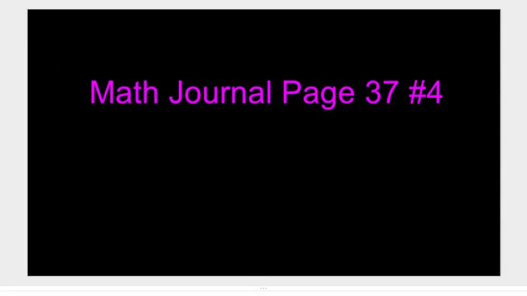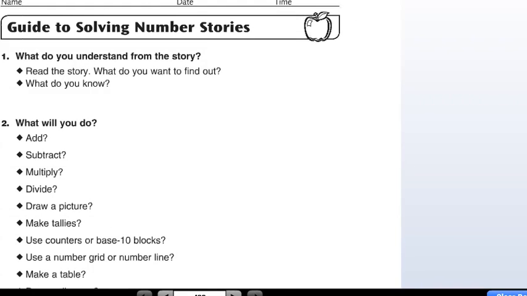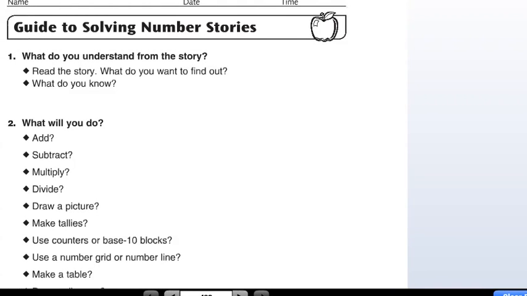While you're going there, Math Journal page 37, number 4, I am going to show you once again that we have this wonderful resource available to us, if you ever feel like you are getting really stuck in how to solve our number stories. And a reminder that we have this in the classroom, and please refer to it during the year. So number 1 is, what do we understand from the story?